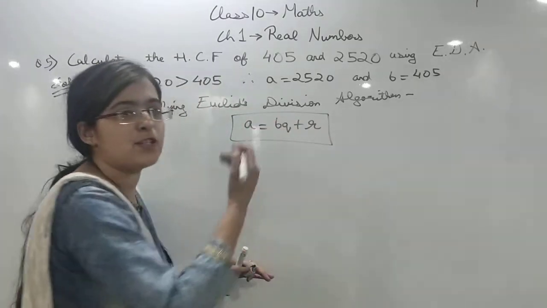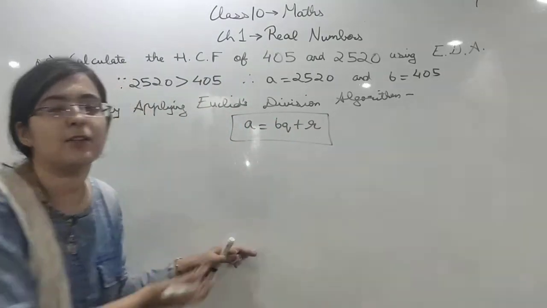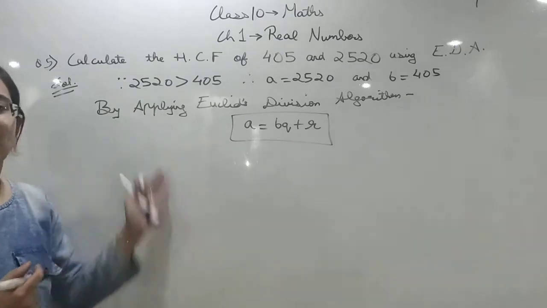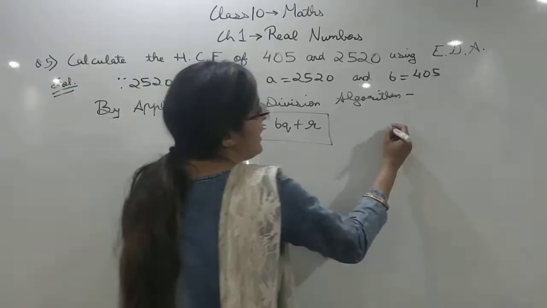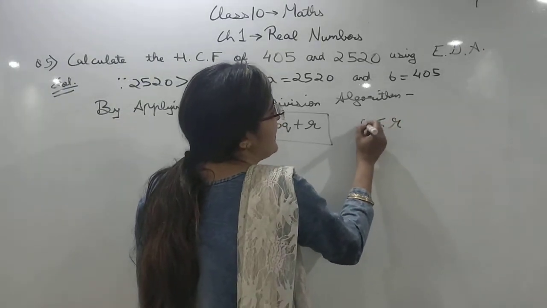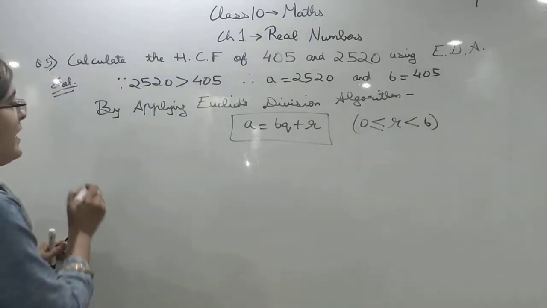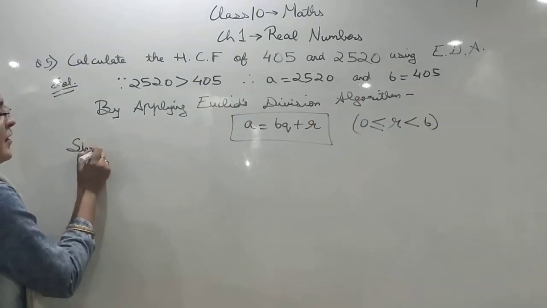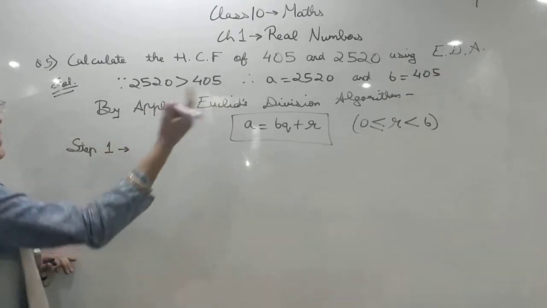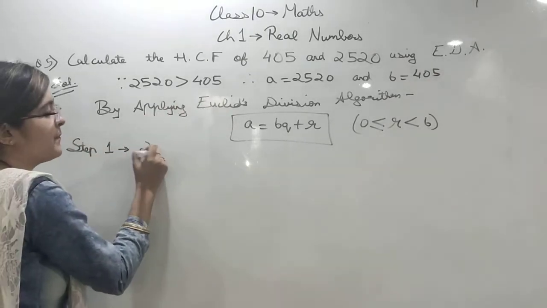The method you are using is very necessary to write. You don't just start from step 1. And the range of R is 0 ≤ R < B. So let's start our step 1. What is your step 1? We will put the values of A and B.